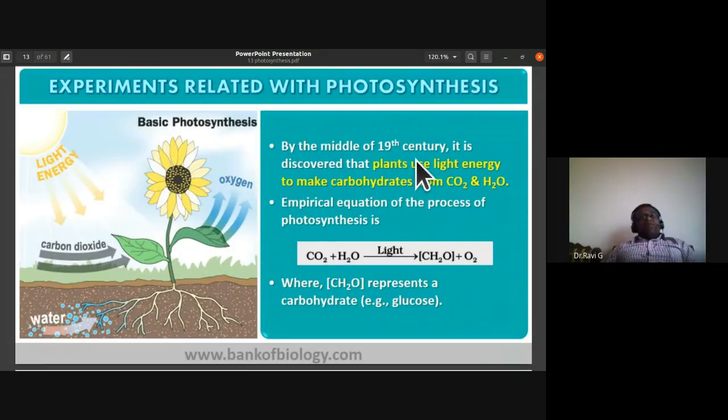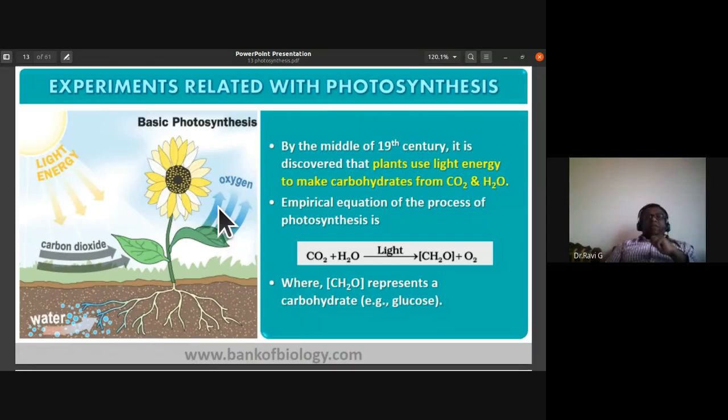By the middle of the 19th century, it was discovered that plants use light energy to make carbohydrates from carbon dioxide and water.